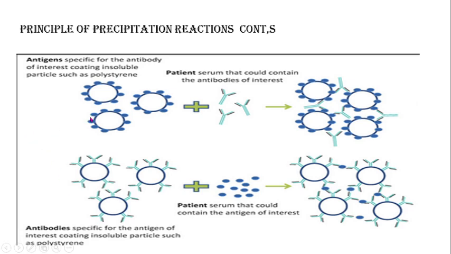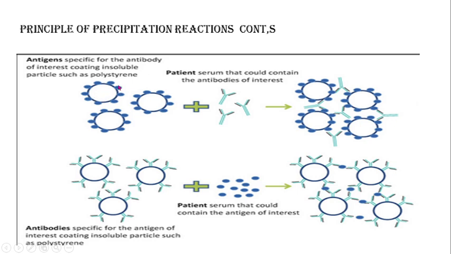Here we have the specific antibodies of interest coating insoluble particles such as polyethylene. As I have said, these are latex beads coated with the antibodies. This latex is derived from polyester. It is also considered a natural or synthetic polymer.